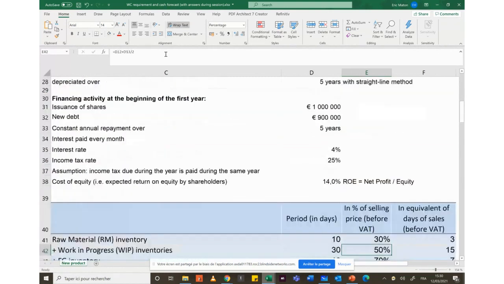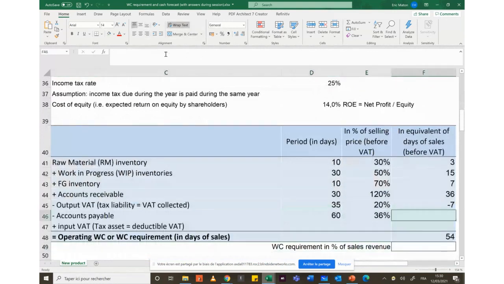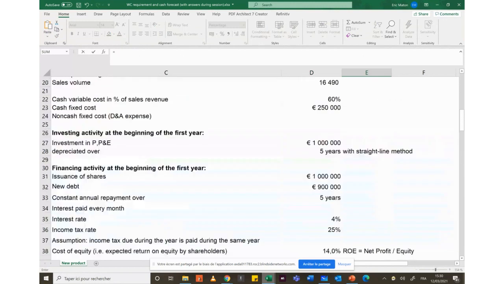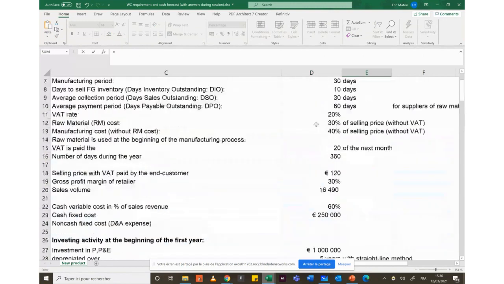So again, I multiply and it's minus because it's the liabilities. For the VAT collected, it is deductible. I suppose it's deductible, so it's in the assets. So again, it's the 35 days. It's about the 20% of the 30%.